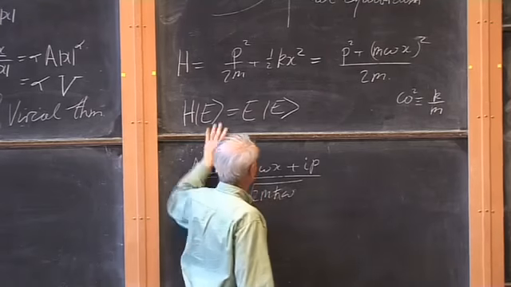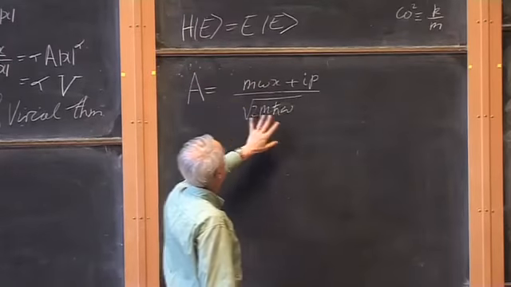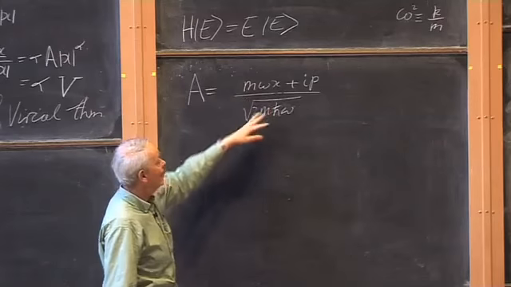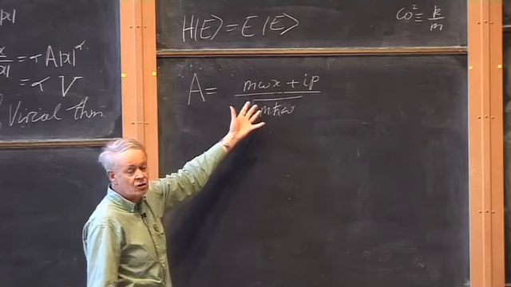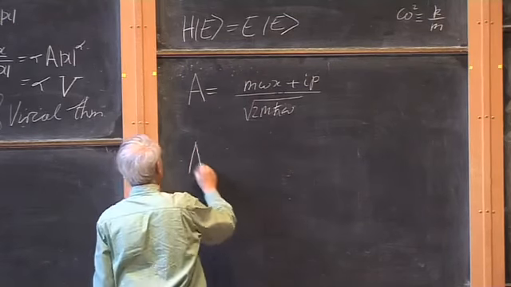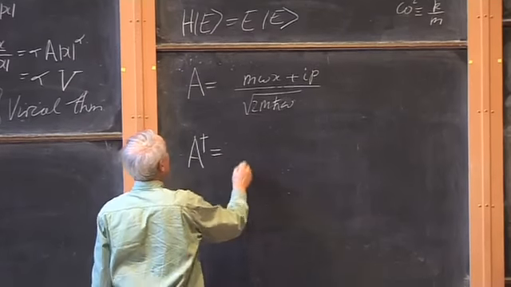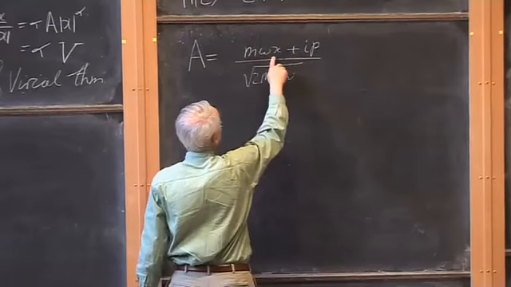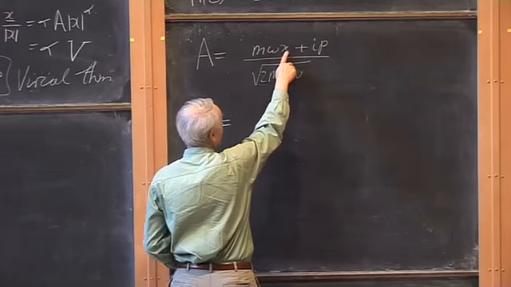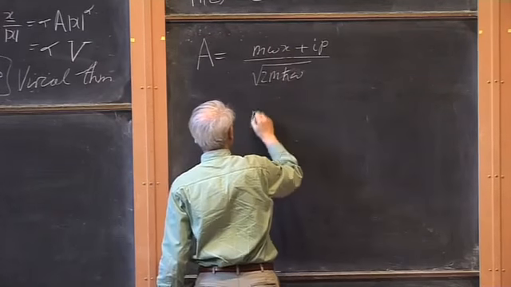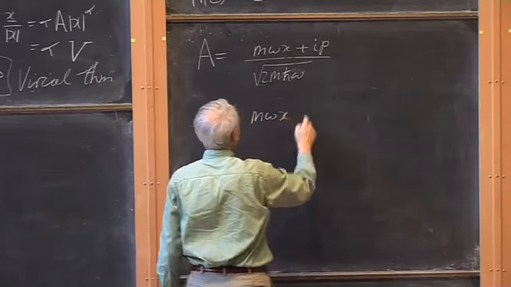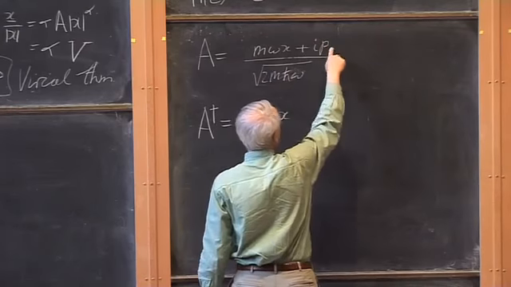Let's write down its complex conjugate. This, of course, is an operator, and it's not an observable. It's not a Hermitian operator. What is its dagger? Its Hermitian adjoint is this thing dagger, which is itself, because x is a Hermitian operator and its own dagger. So it's m omega x plus this thing dagger.